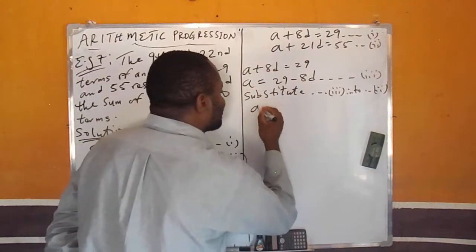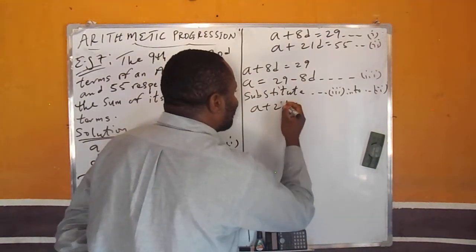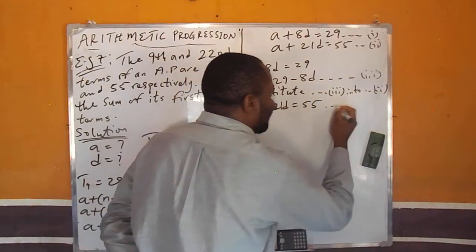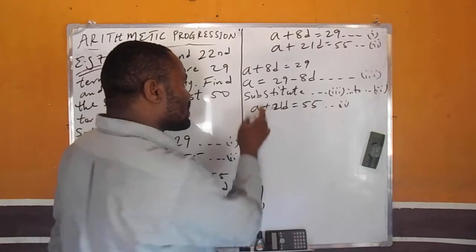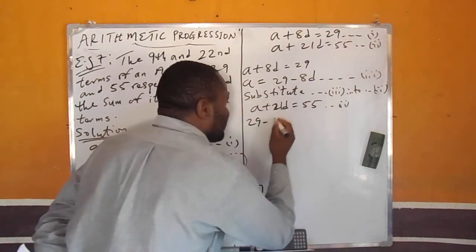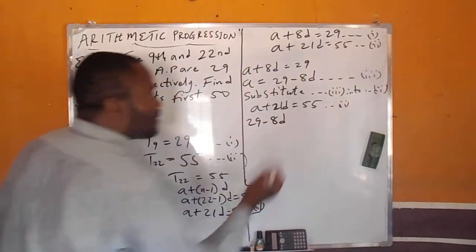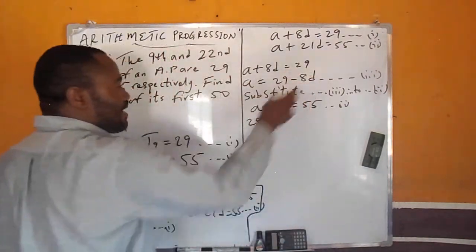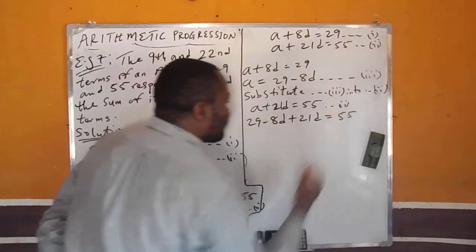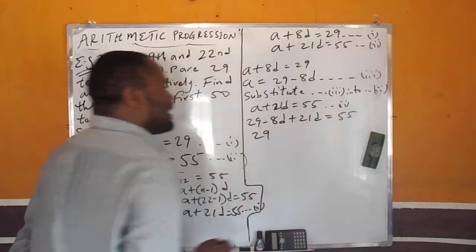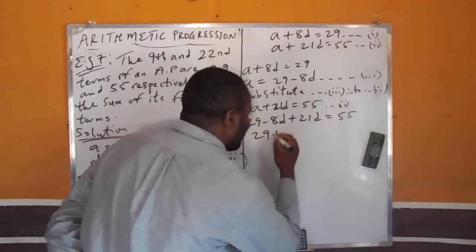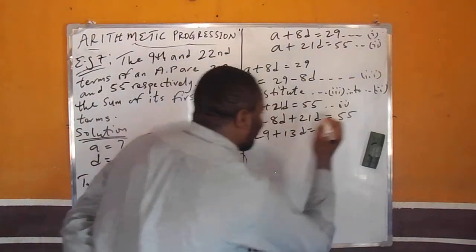Our equation 2 is a plus 21d equals 55. Substituting, a is now 29 minus 8d. We have replaced this a, so 29 minus 8d plus 21d equals 55. Minus 8 plus 21 gives us plus 13d equals 55.